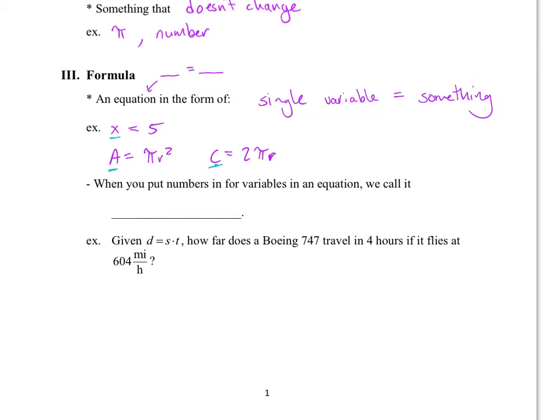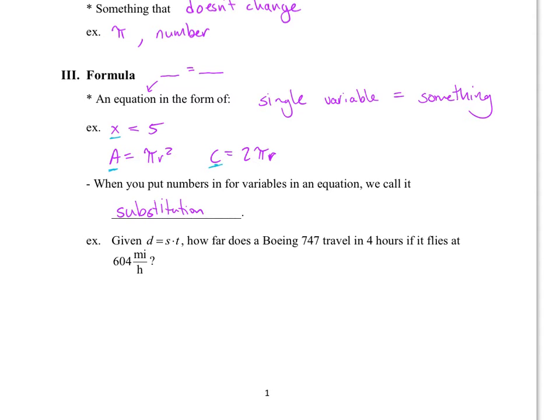When we put numbers into there, because sometimes we'll use a formula or an equation for something, and when we put numbers in, we call it substitution. So you're subbing in, just like in a soccer game.